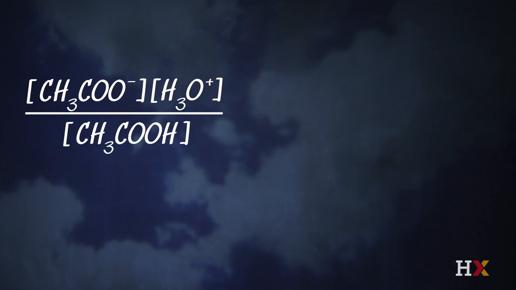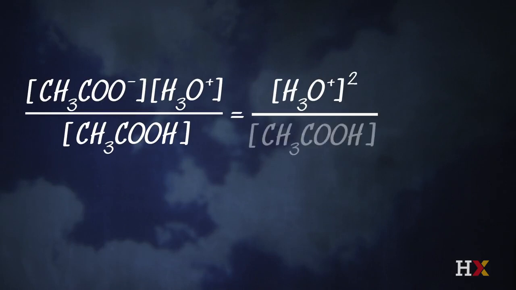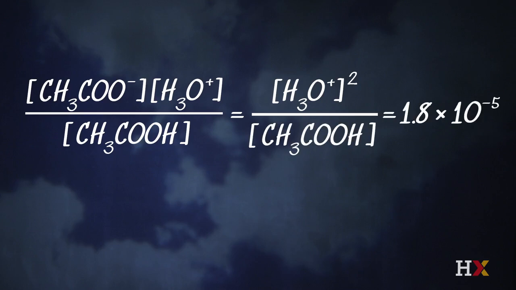Because we get one acetic acid for each H3O plus that's added, H3O plus is equal to the concentration of the acetate anion, and that allows us to substitute in H3O plus for the acetate anion concentration. We have H3O plus squared divided by the concentration of the acetic acid molecule in that solution, and that's equal to 1.8 times 10 to the minus 5.